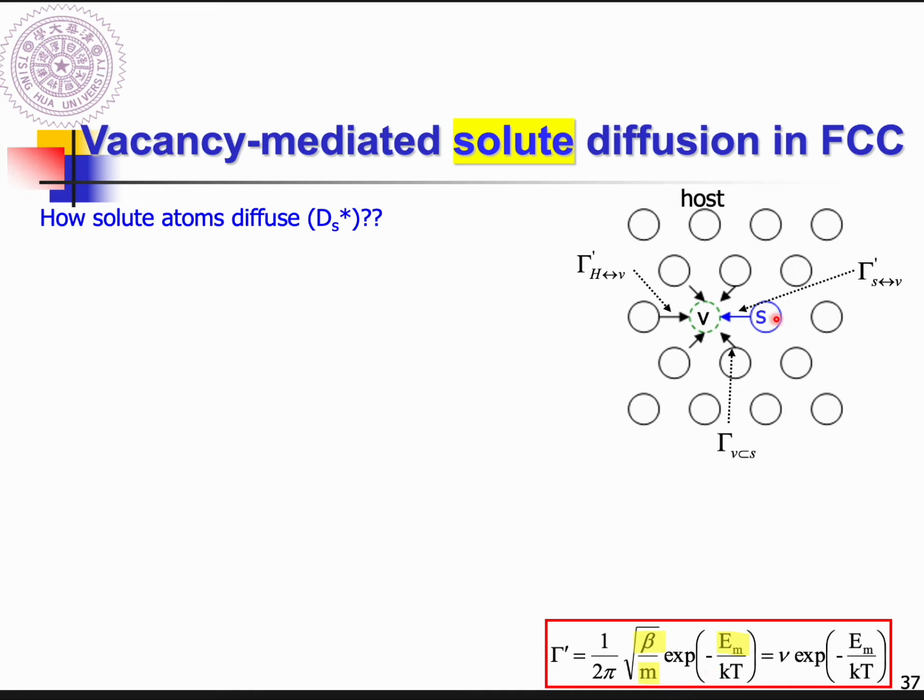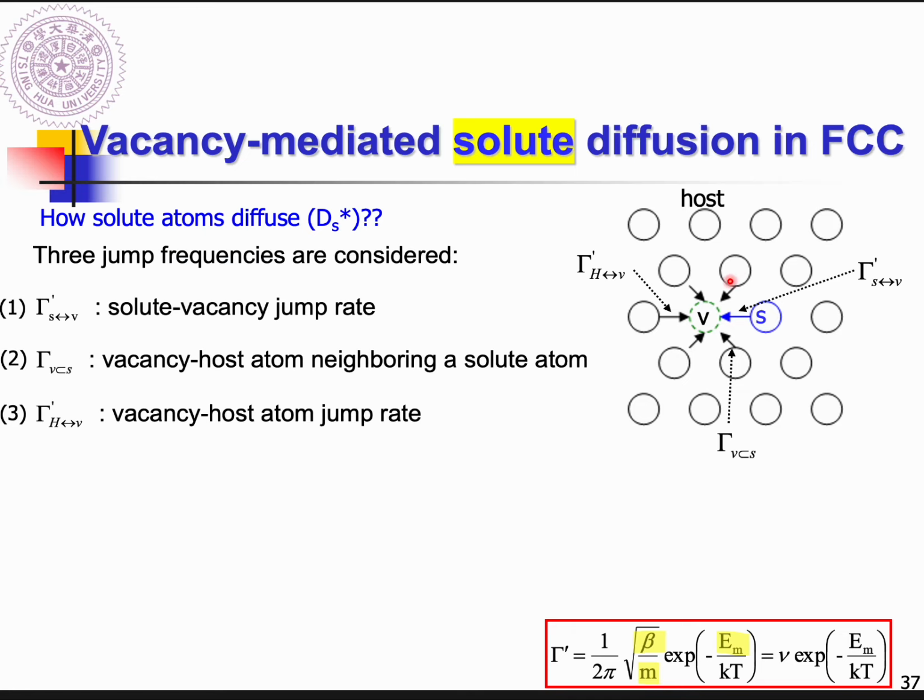So when you dope the solute atom at the substitutional site, and this solute atom wants to exchange location with the vacancy, then for sure it has its own gamma prime. And the jump rate between the host atom and vacancy will be different from the one we just talked about, gamma prime SV, because the bond strength and reduced mass are different.